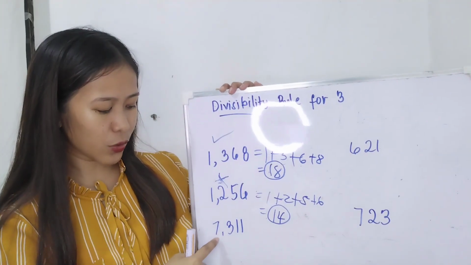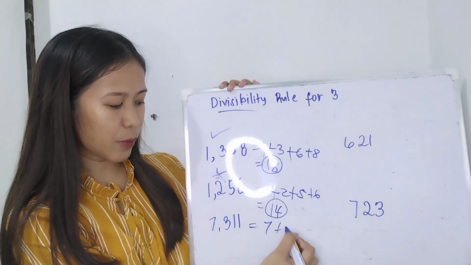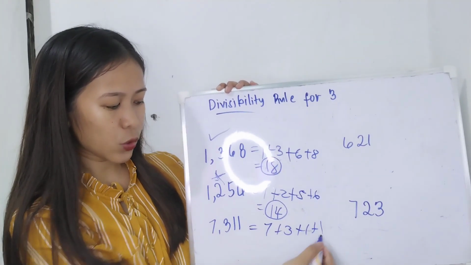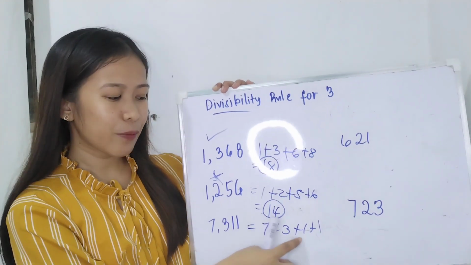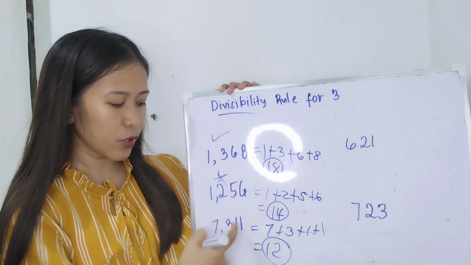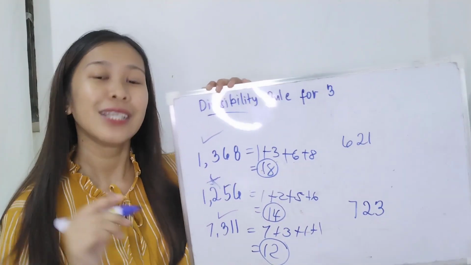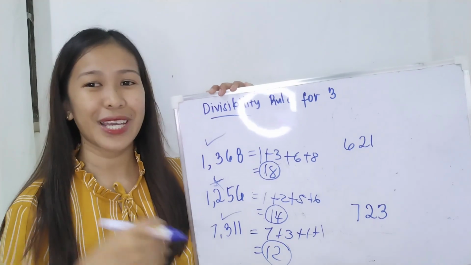Now, let's go on to 7,311. Let's add them: 7 plus 3 plus 1 plus 1. 7 plus 3 is 10, plus 1 is 11, plus 1 equals 12. And 12 is a multiple of 3. Therefore, 7,311 is divisible by 3.